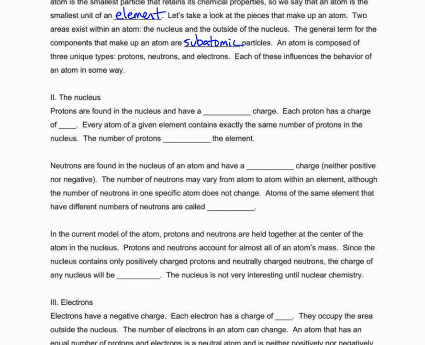The nucleus. Protons are found in the nucleus and they have a positive charge. You may remember some of these ideas from your 8th grade science classes. Each proton has a charge of +1.